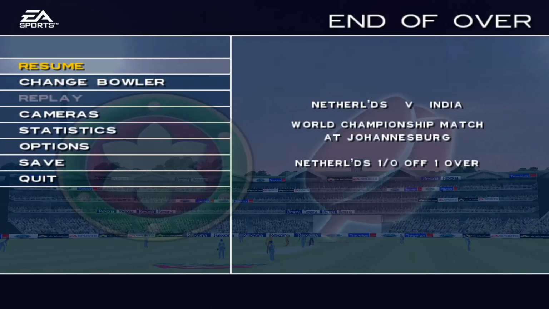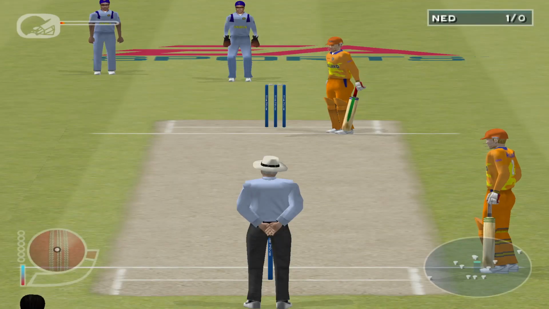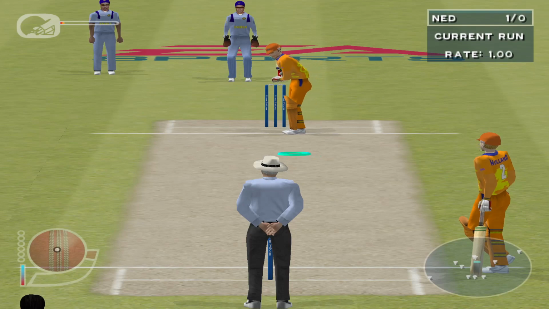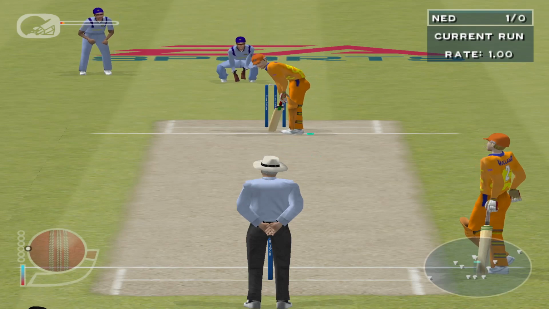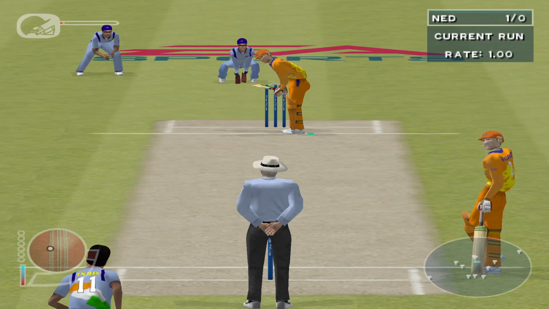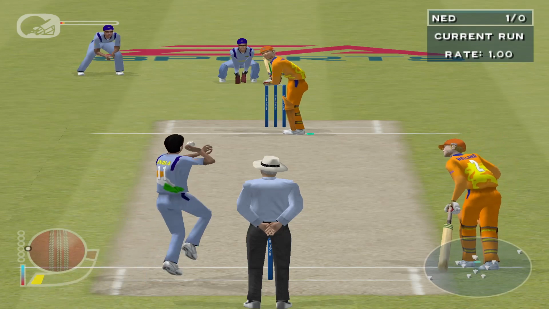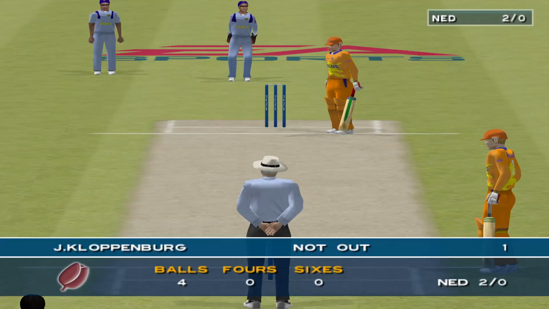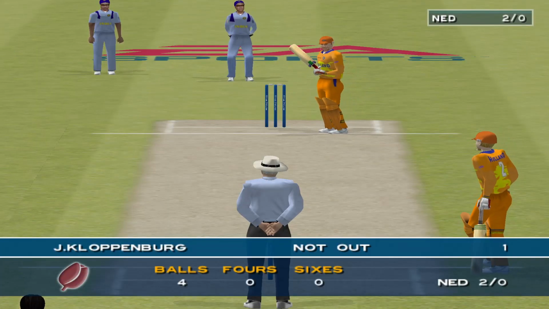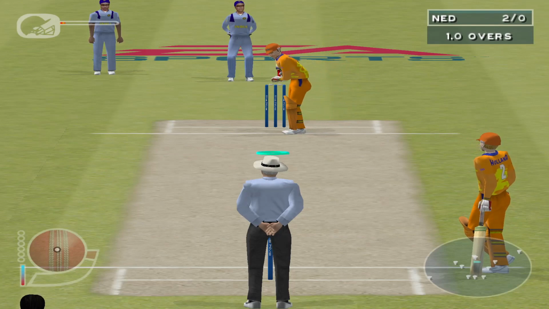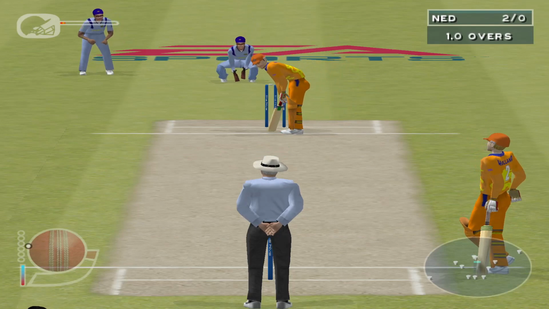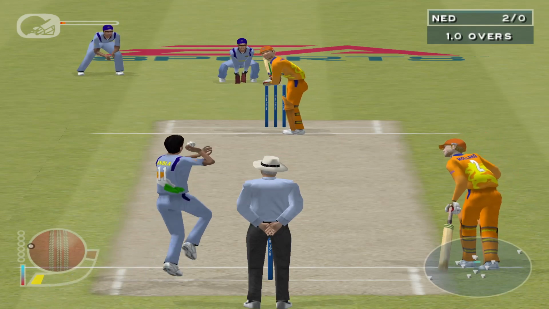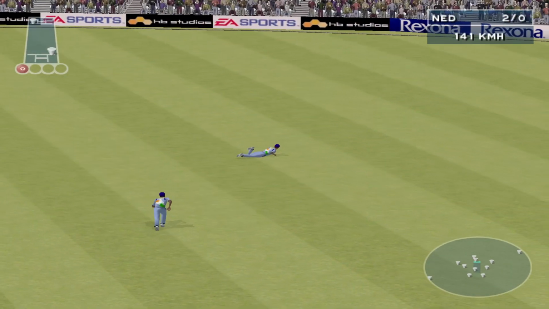A very good over, only one offered in the end. Agaka to Kloppenburg. Brilliantly done.